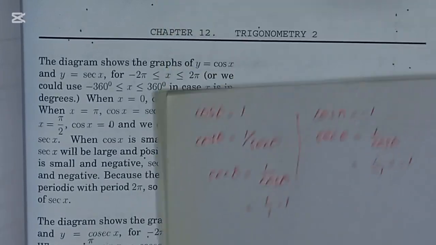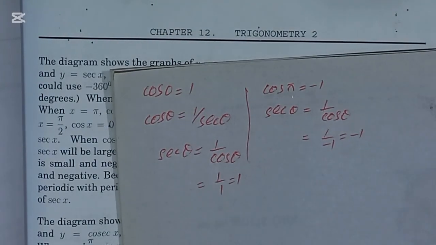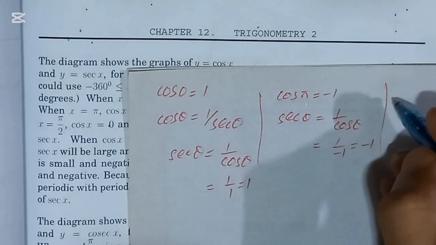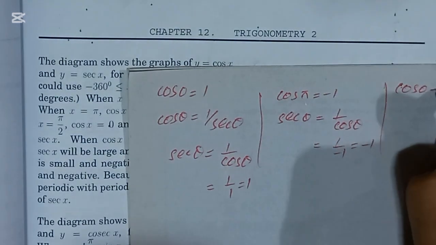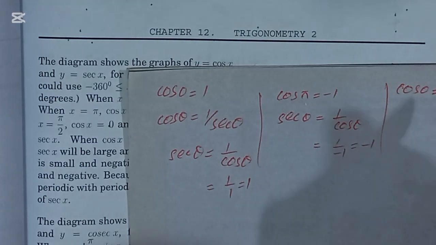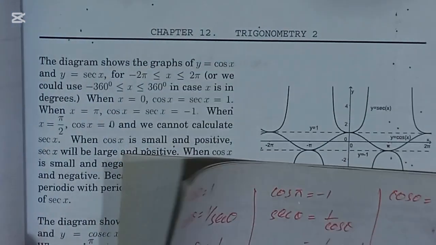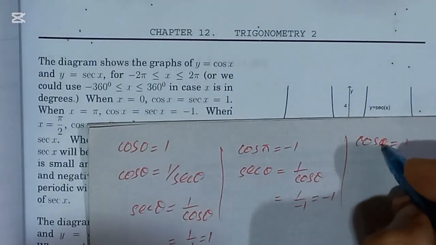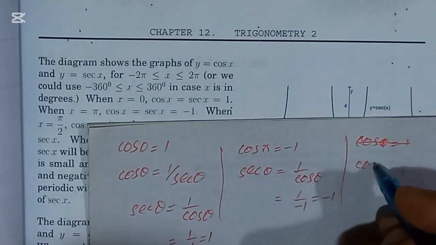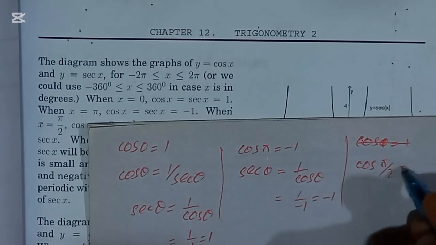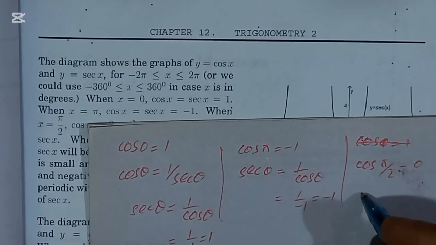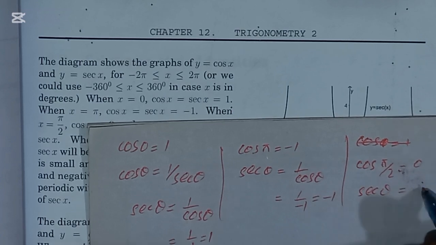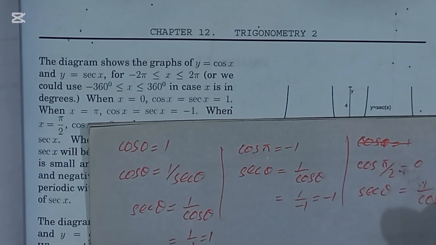Because cos pi by 2 is 0, and secant is equal to 1 over cos theta, so 1 over 0 will be infinity, which is undefined.